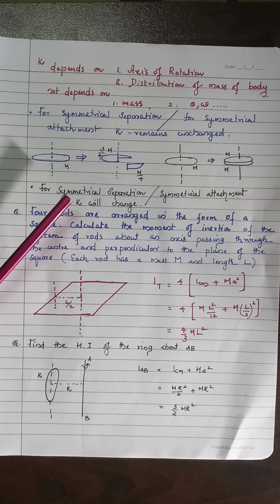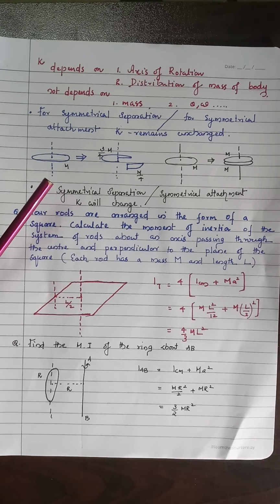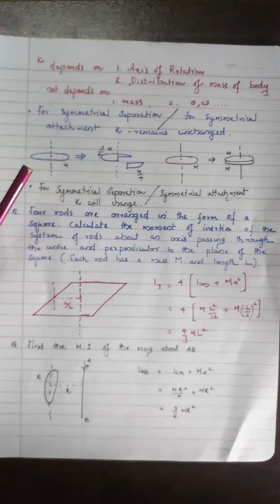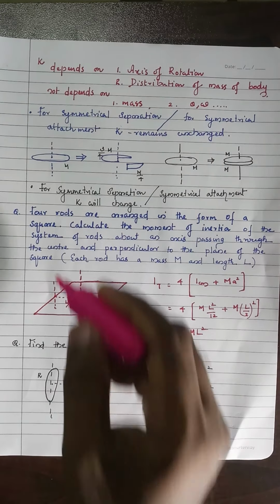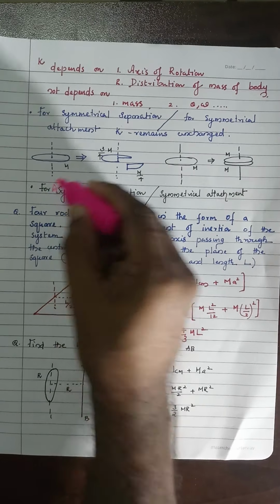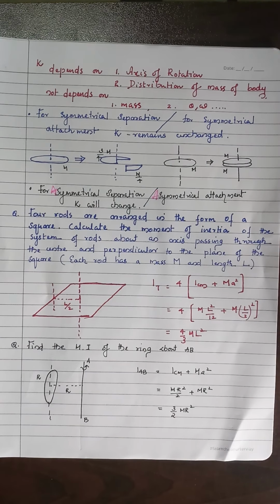But for asymmetrical separation and asymmetrical attachment, K will change. That is a very important concept.